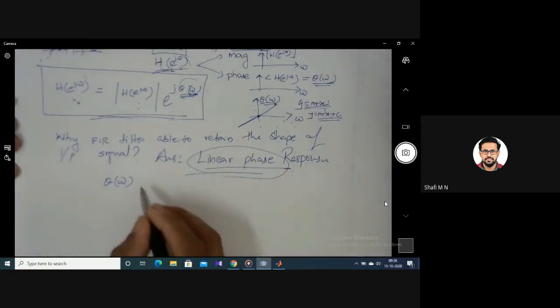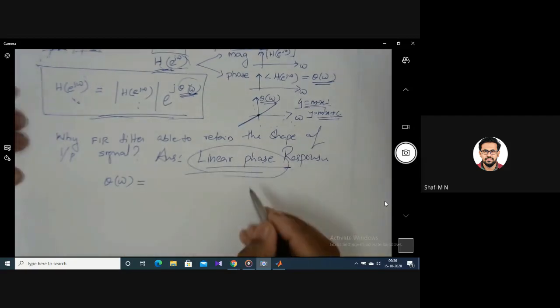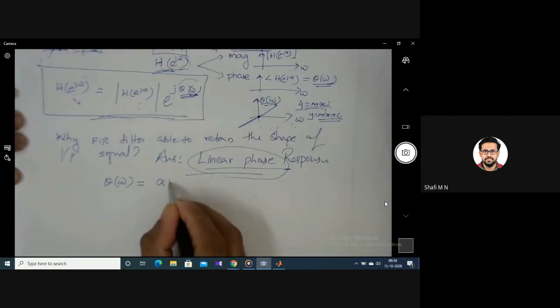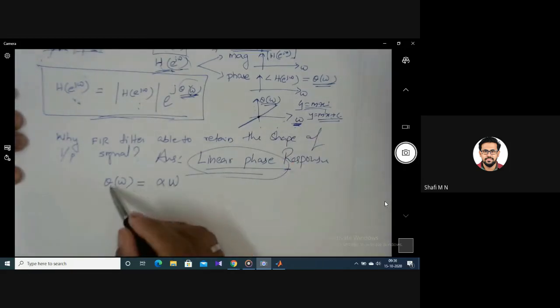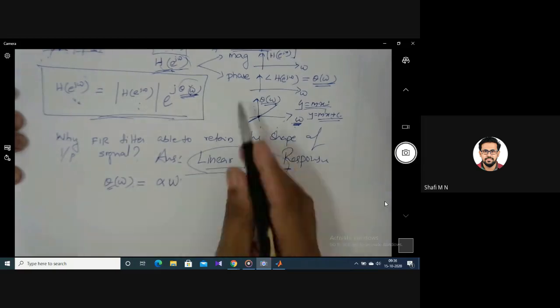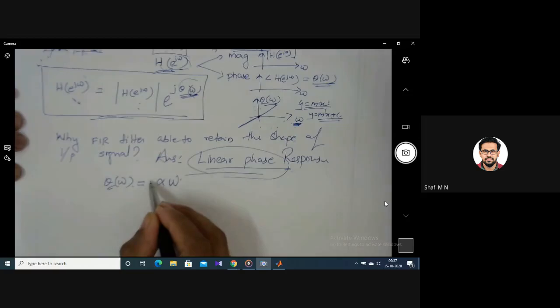I'm going to generalize the two possibilities for a linear phase filter. The first is y equal to mx, where instead of m I use the term alpha, and the x-axis is omega. So theta of omega is equal to alpha omega. Your phase is a function of omega, that's why it is written as theta of omega. That is the phase response. To make things easier, so that alpha is the group delay, I'm using a minus sign.